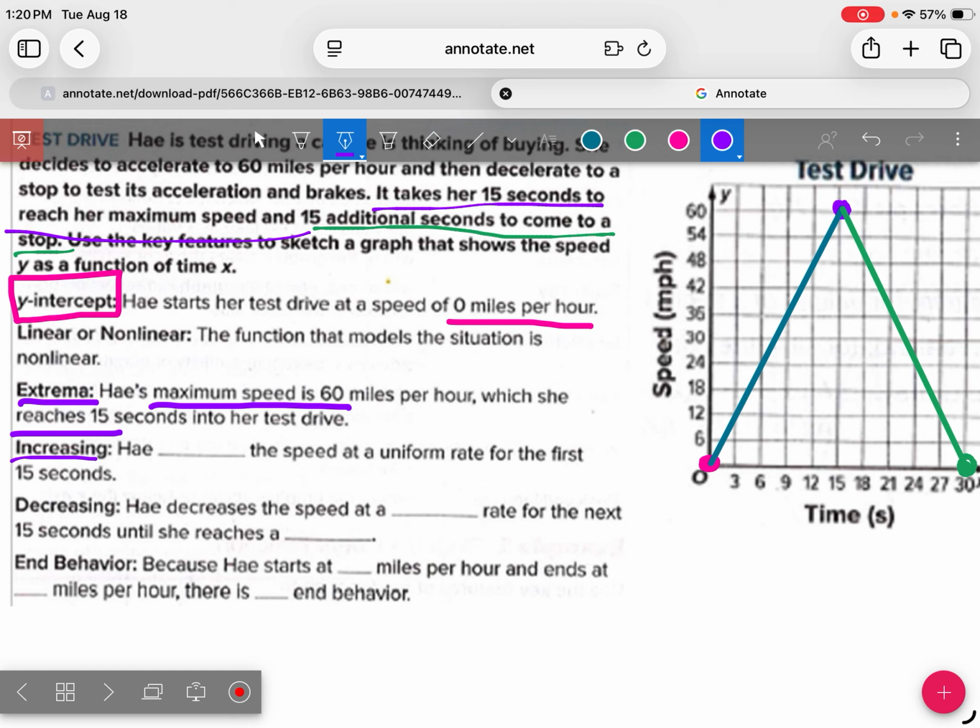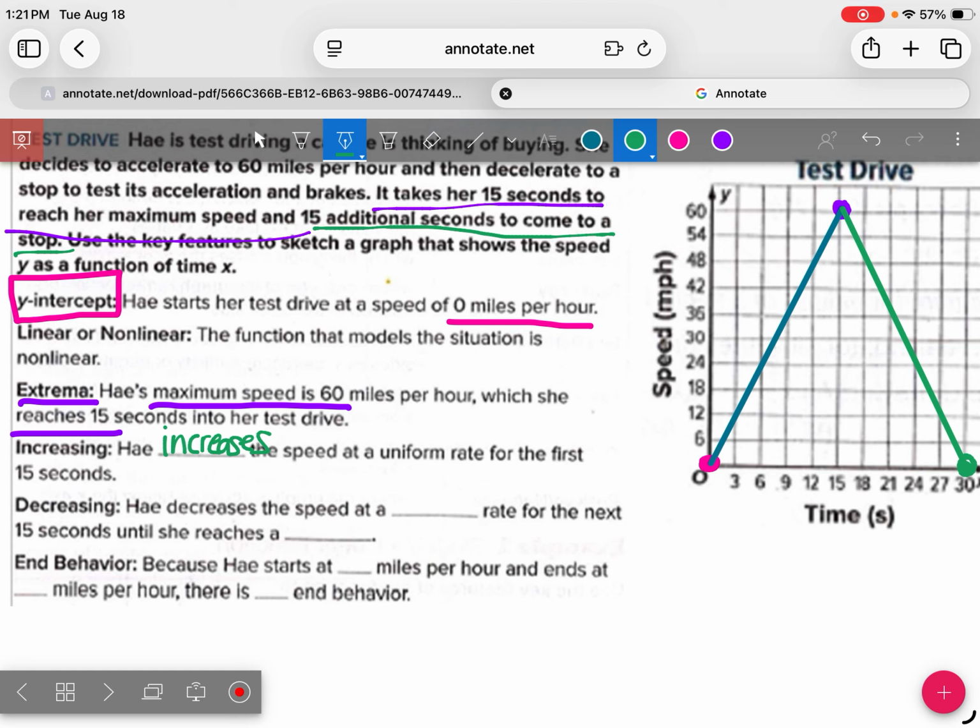There's a big clue that said increasing right there. She increases the speed. And all it means at a uniform rate is that we connected our dots. Ta-da, I made a point. And then she was decreasing her speed at a uniform rate, because we connected our dots, until she reached a stop.